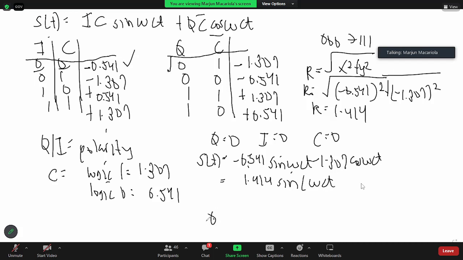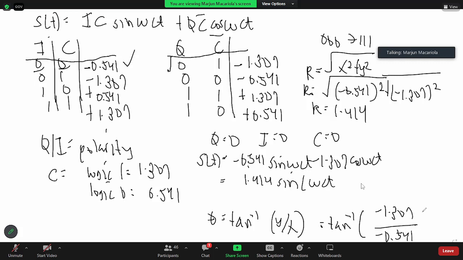Then, we're going to find the angle. So, angle is arc tan y over x, which is arc tan of negative 1.307 over negative 0.541. Ano po sagot? Pindot, pindot. 67.51 po, sir.